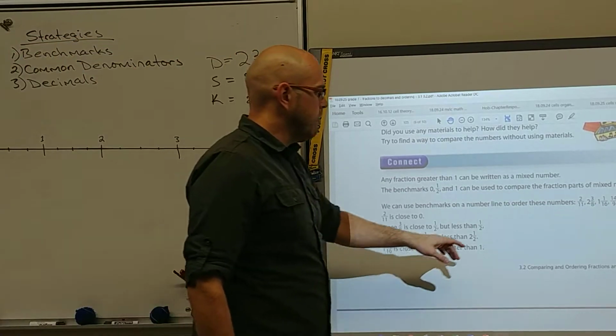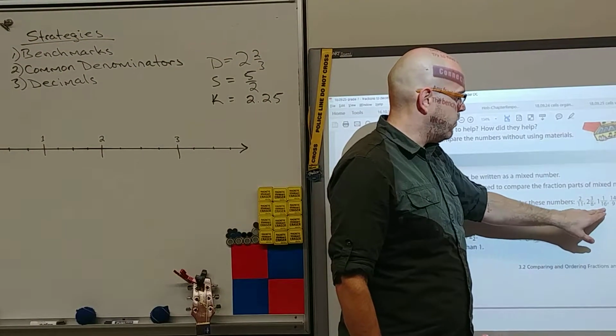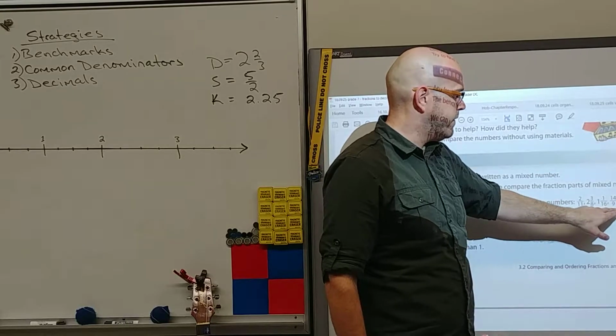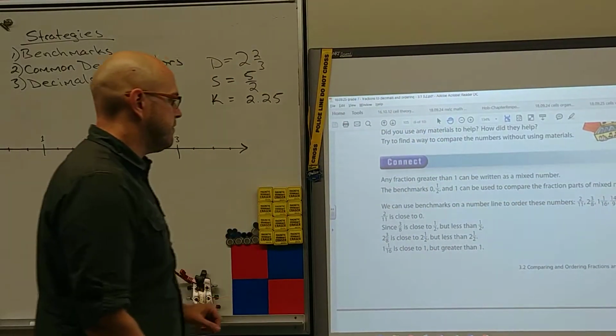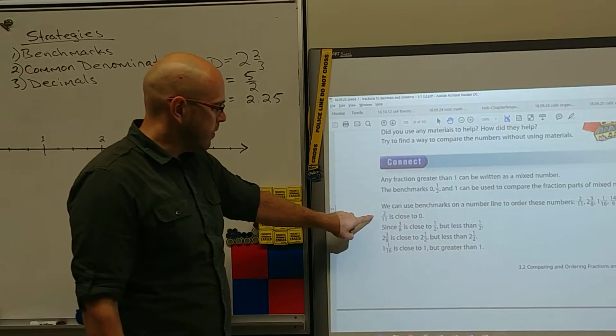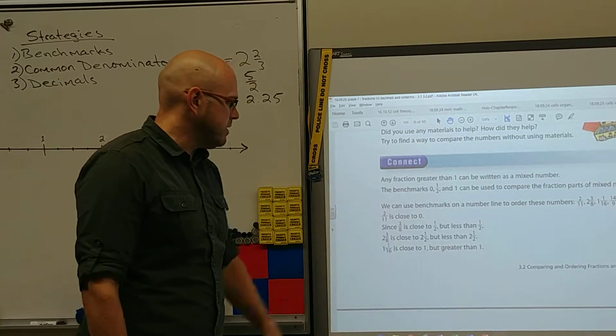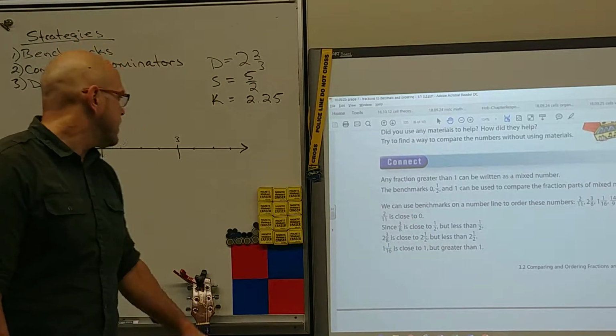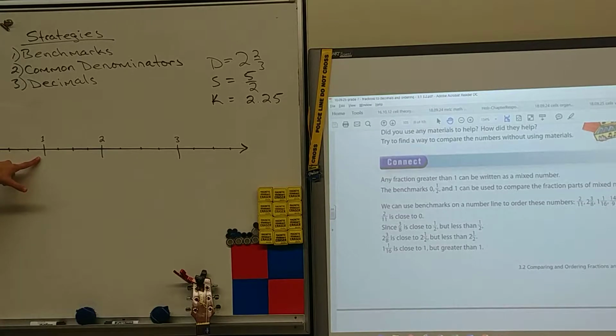So, we've got 2/11, 2 3/8, 1 and 1/16, 14 over 9, and 14 over 15. But this person starts reasoning, well, 2/11 is close to 0. So they said if this is split into 11ths, 2/11 would be really close to 0. We're going to put that there.